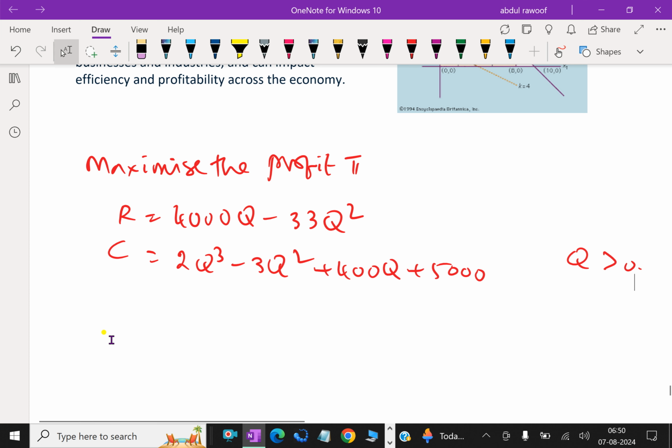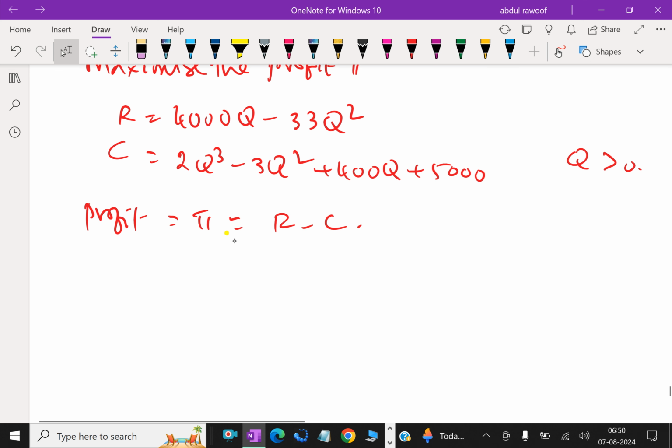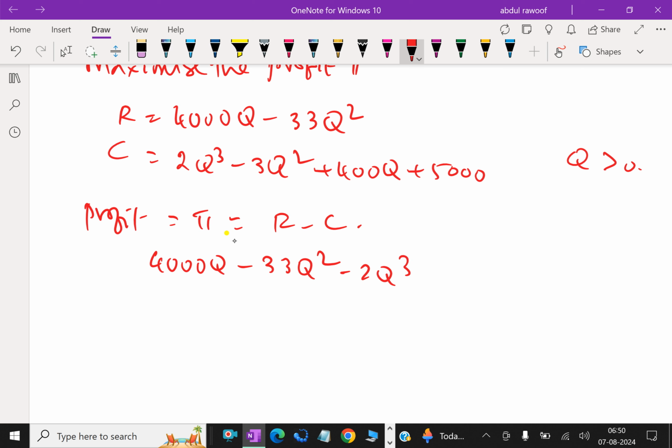Now here we know that profit equals revenue minus cost.